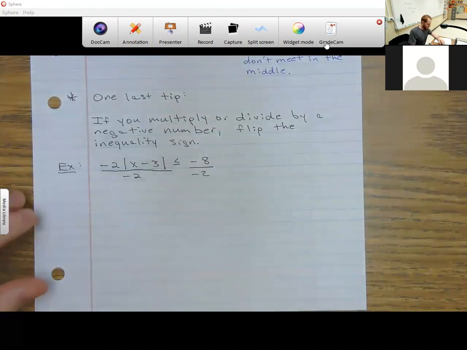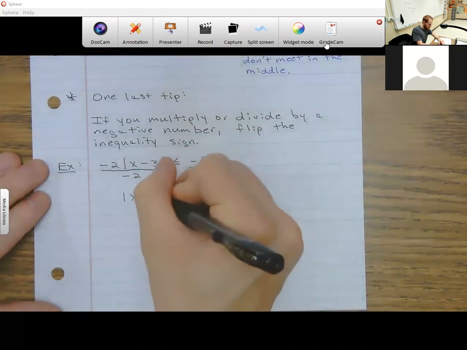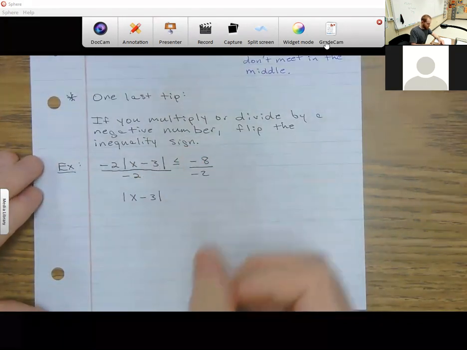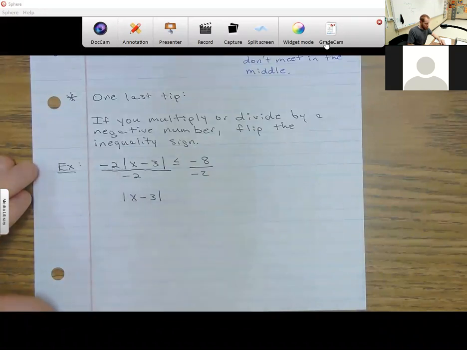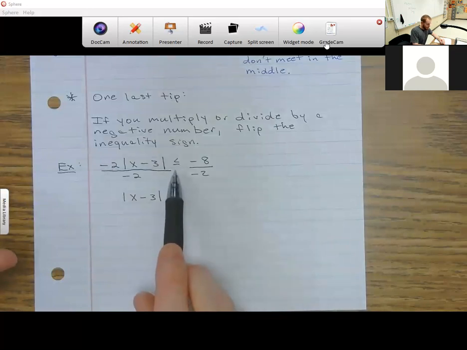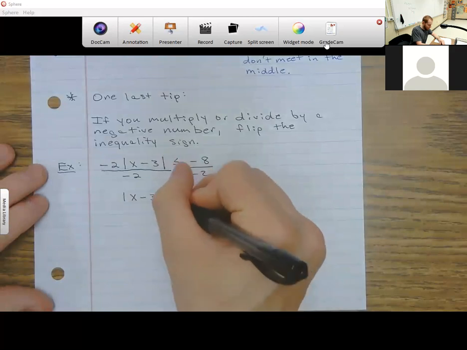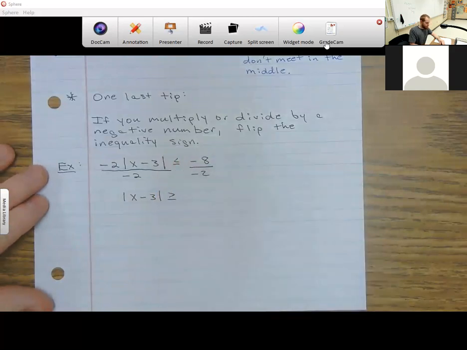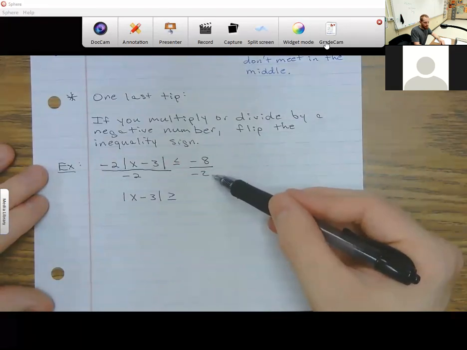Okay, so what happens? The absolute value of x minus 3 comes down. The -2's cancel out, right? So they're gone. The inequality sign is going to flip because I just divided by a negative number. So now it's a greater than or equal to. And now -8 divided by -2, what would that be?